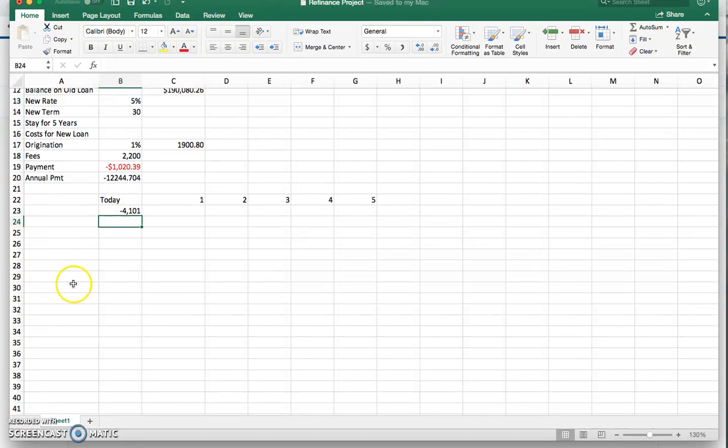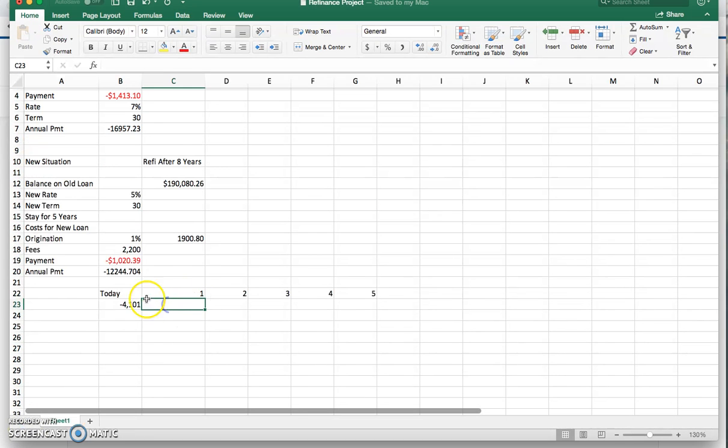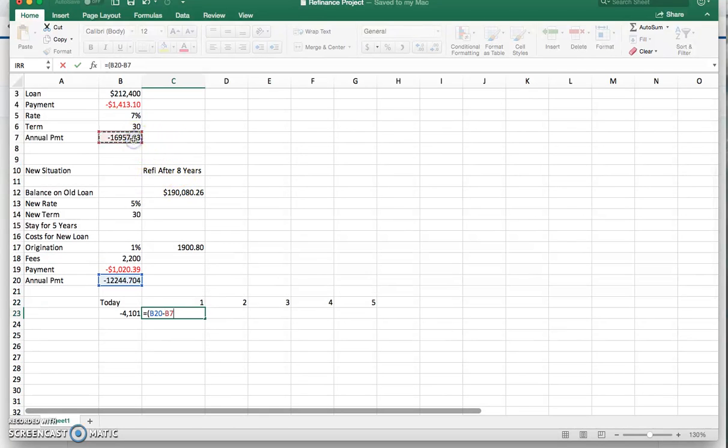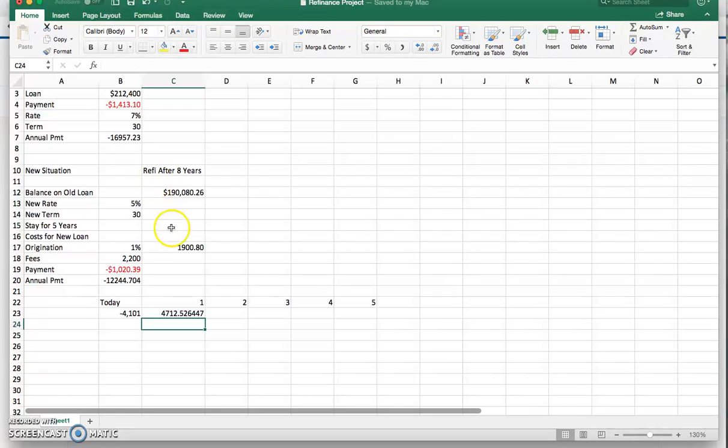That's how much the new mortgage is going to cost today. Then each year following, we're just going to calculate the difference between the old annual payment and the new annual payment. So we take the new annual payment and subtract this old annual payment here, and just drag that across.